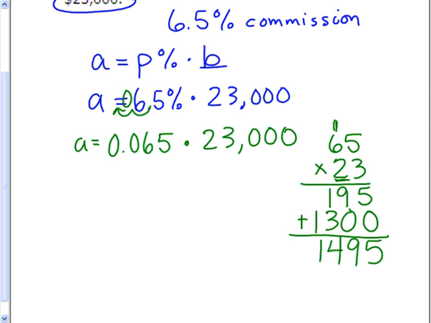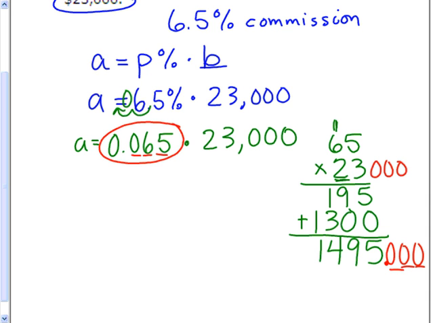Now that's the answer to 65 times 23, but this was 23,000. So I've got to add 3 zeros to my product. And this was 65 thousandths, so I've got to count back 3, get rid of those zeros.